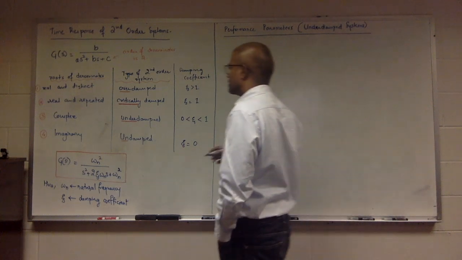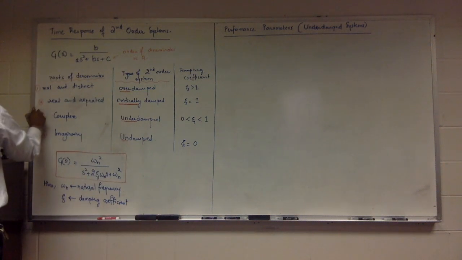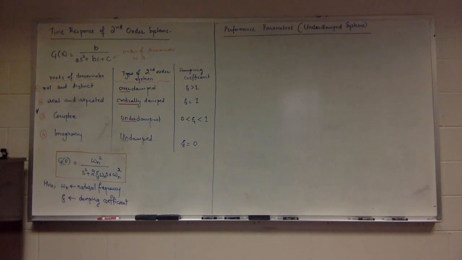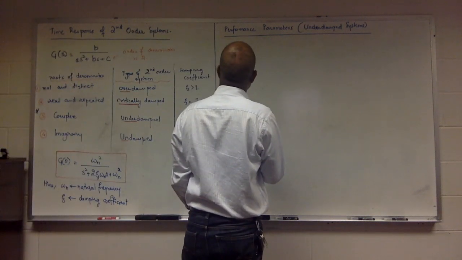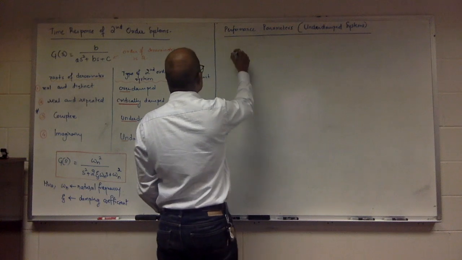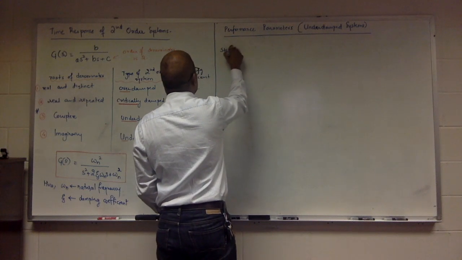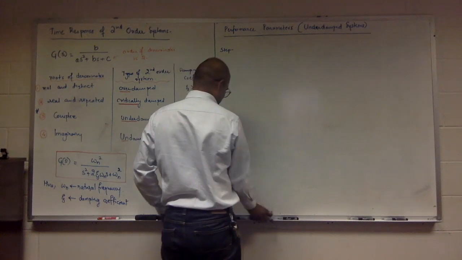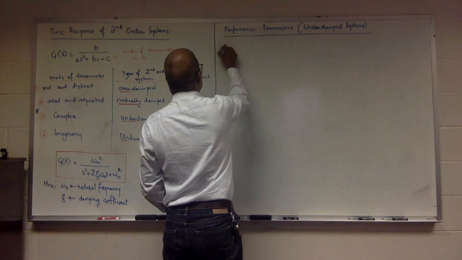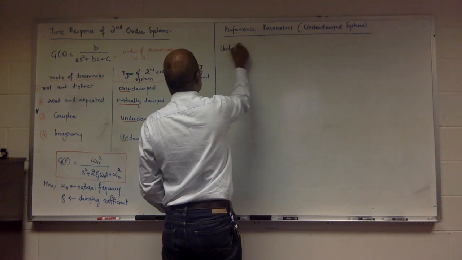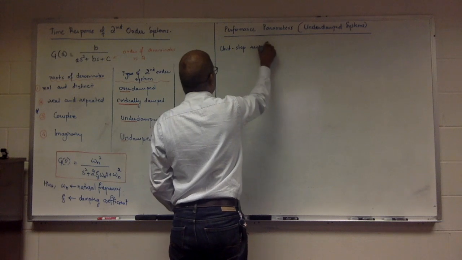So underdamped systems, these are, you can say, the most common. Okay. So if you look at an underdamped system, you look at the step response, or specifically the unit step response.